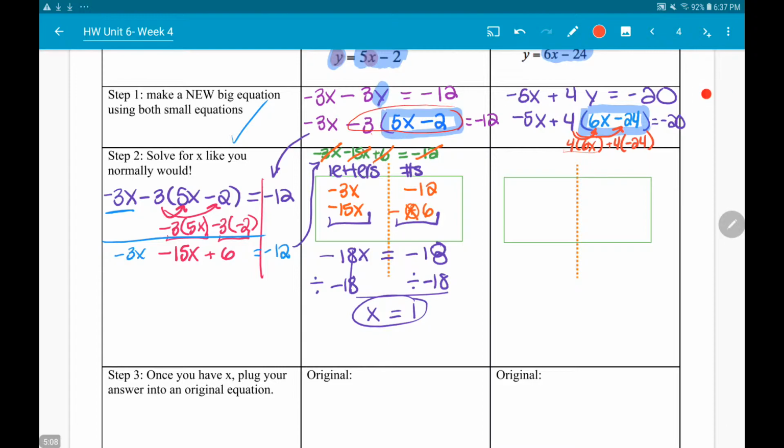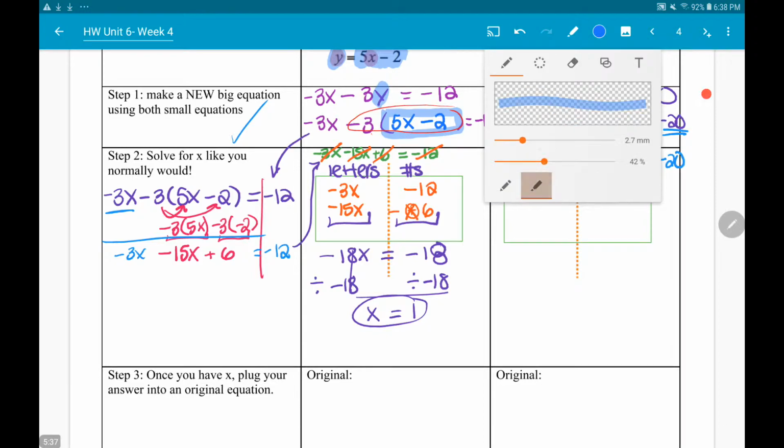Remember, parentheses mean multiply. So that gets me 24x. And 4 times 24, I definitely need a calculator for that one. That's 96. Can't forget about my randoms. I bring down my negative 20, and I bring down my negative 5x.